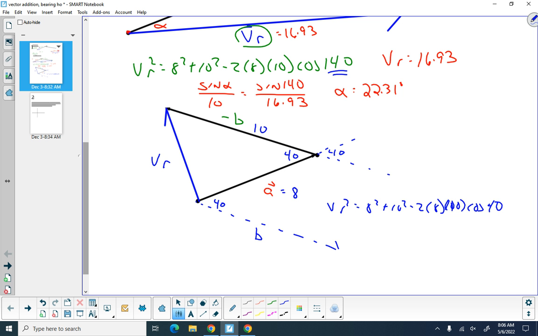We just have the angle that's a little bit different. If we need to, we can find this alpha, but we'll just get a value down here.